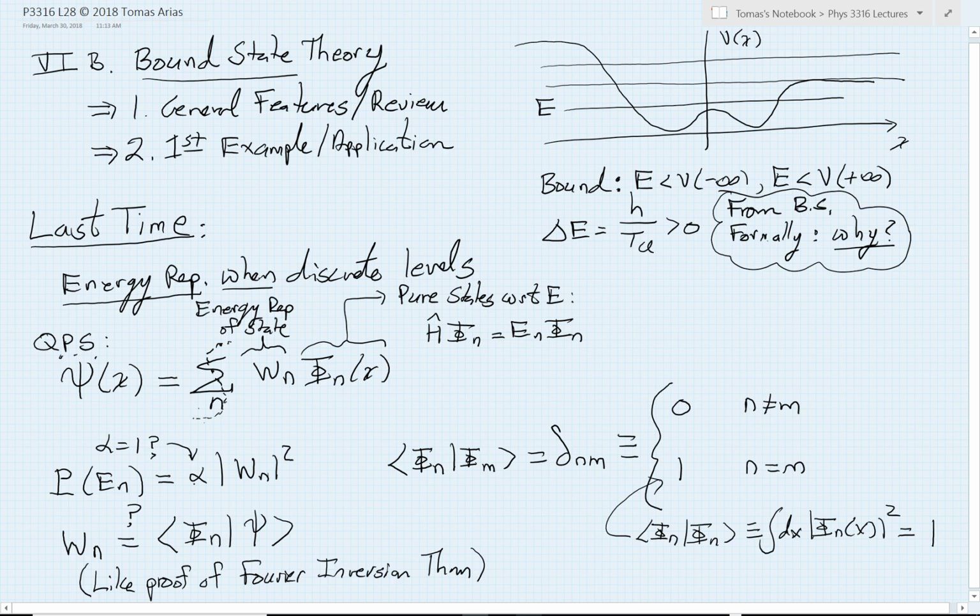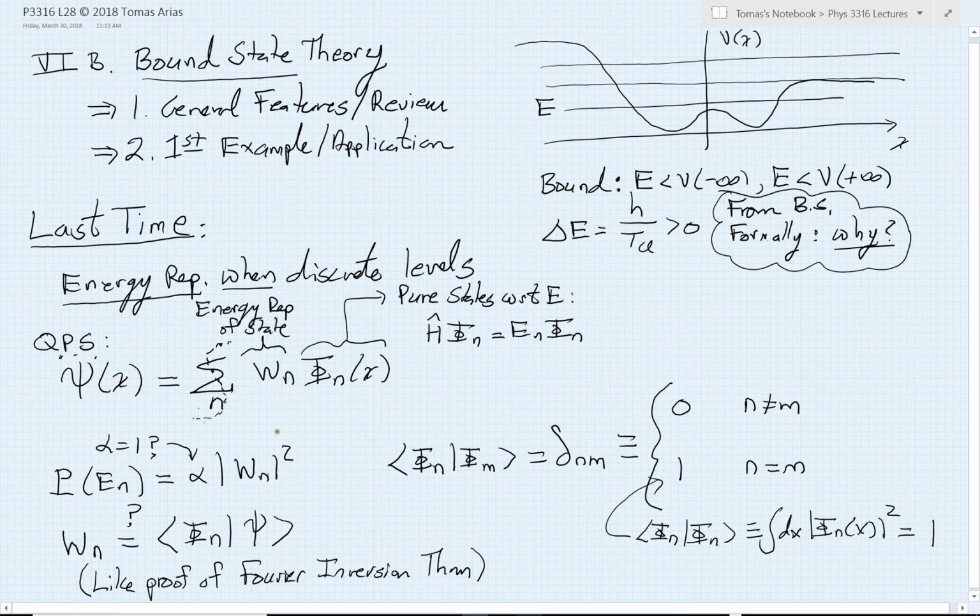Now, on our way to answering that question, one of the first things we need to be able to figure out is actually how to transform between our representations. This formula shows me, given my energy representation, given the discrete set of values W, this gives me the formula for finding the position representation. I have to be able to also invert this process. And we had a guess for how to invert it.